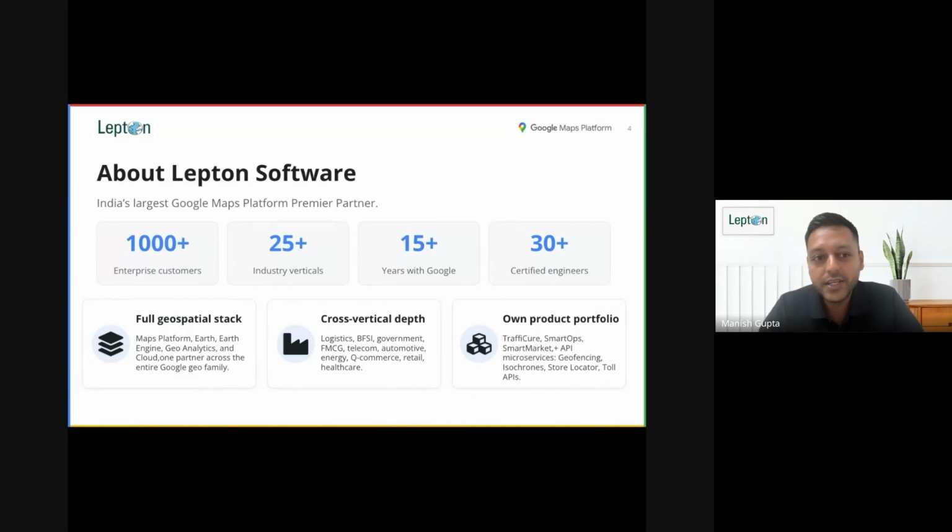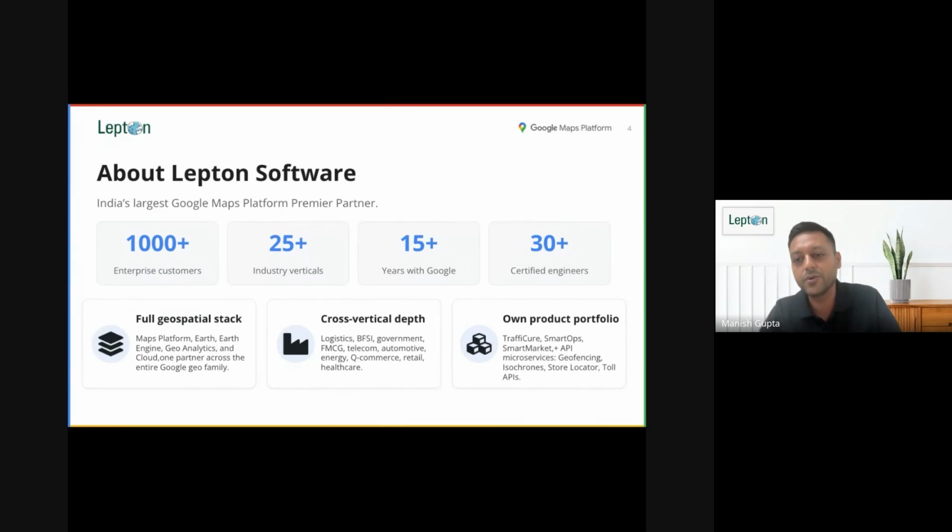Now, before we get into our main problem statement, I just want you to run through what Lepton Software is. We are a 30-year-old organization completely working in location intelligence. We have roughly 1,000 plus active customers onboarded. We serve 25 plus industry verticals.